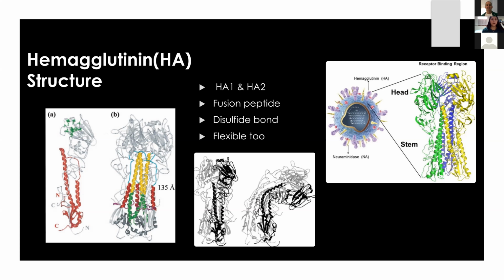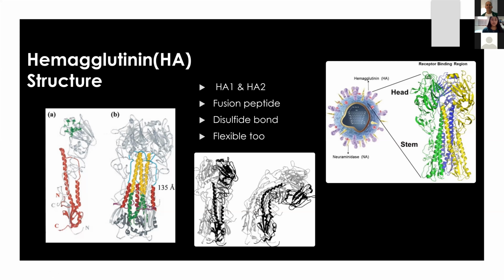HA1 consists of the globular head, which contains all the receptor binding sites that assist in attachment to the host cell. And then HA2 consists of the stem or stalk domain region, and it contains the fusion peptide. The fusion peptide is especially important in membrane fusion, so the genetic material can get transferred into the cytoplasm.